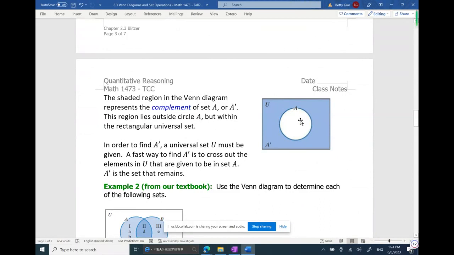A is the circle. Then within the rectangular box, outside the circle, the blue region represents A prime, the complement of set A.